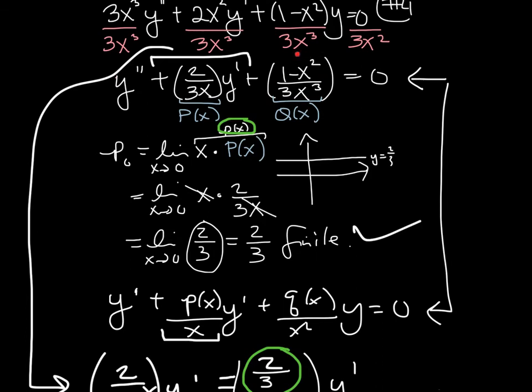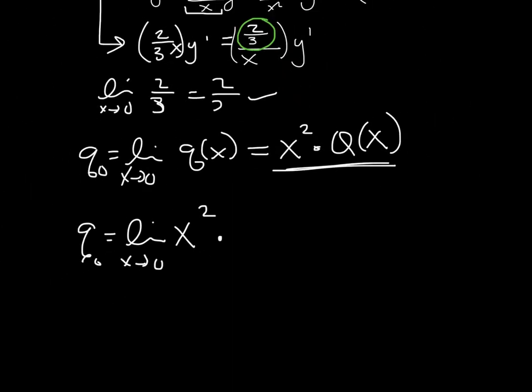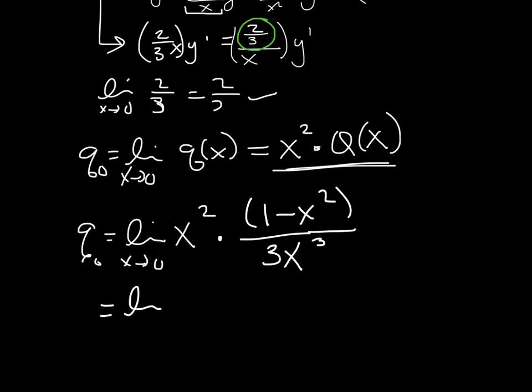It's this right here: 1 minus x squared over 3x cubed. And then students like to simplify this a little bit, right? We know x squareds are gone and we're left with 1x. So we have this rational function.